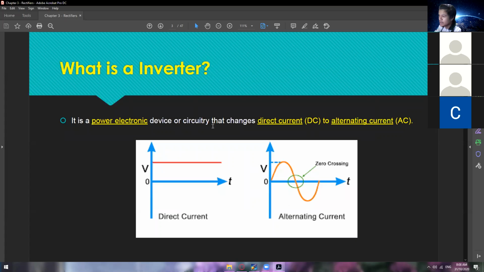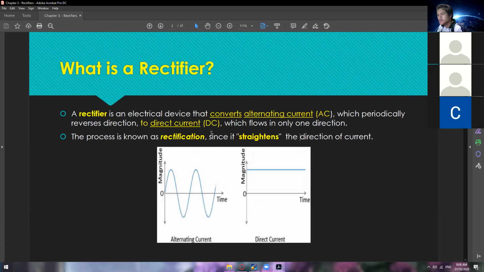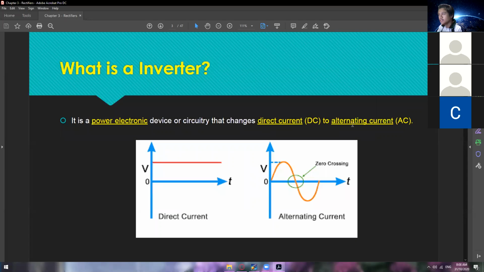Just to make things clear, those are the two that convert current. AC to DC, rectifier. DC to AC, inverter. Of course, our focus for today is the rectifier only. This is just to say that the opposite of a rectifier is an inverter.